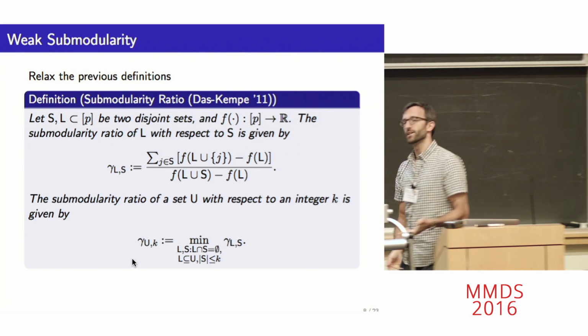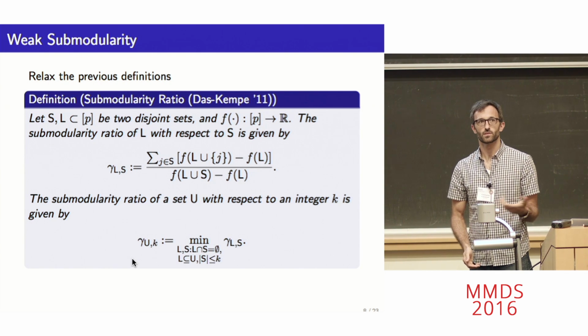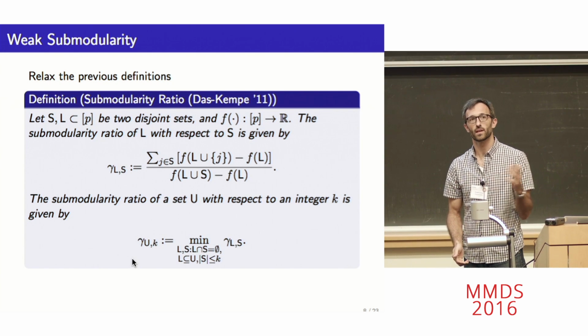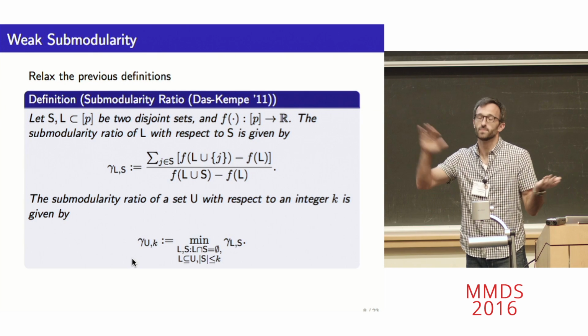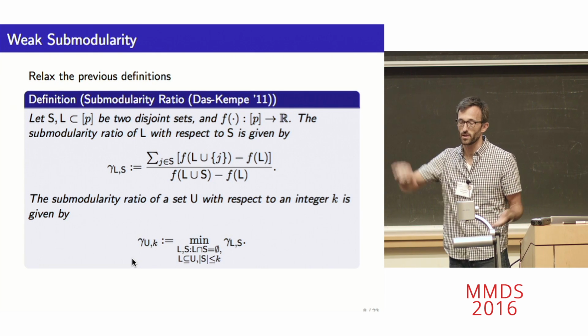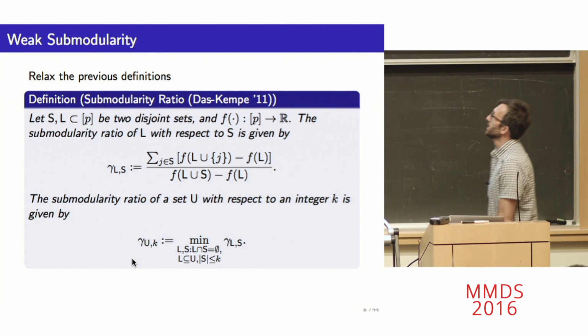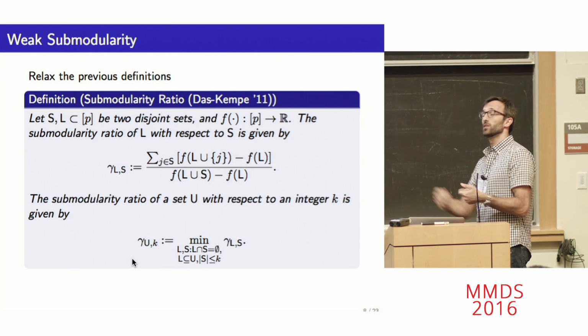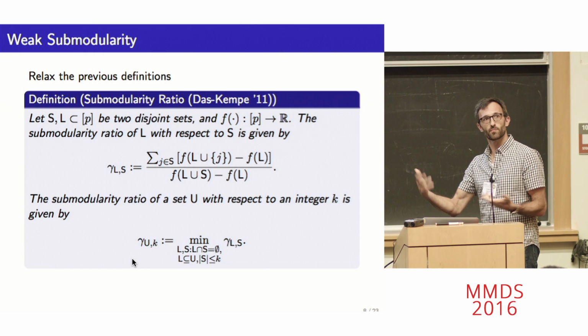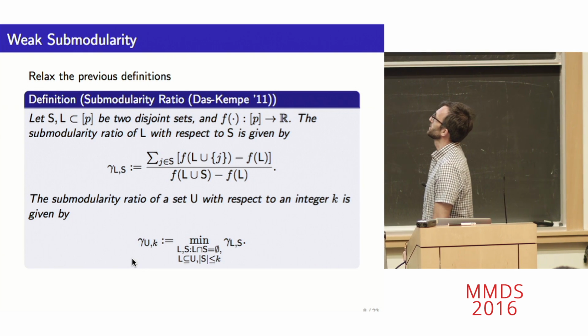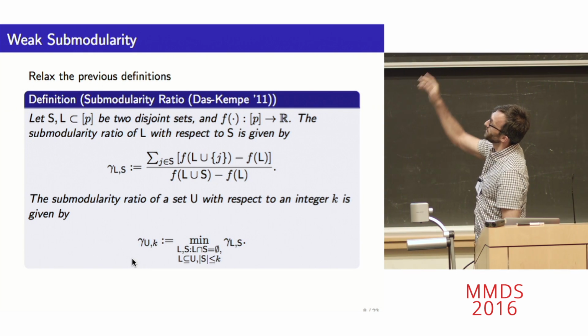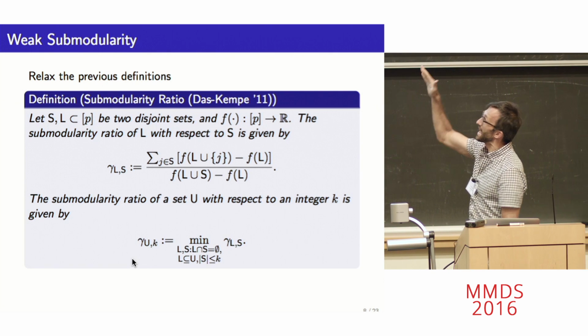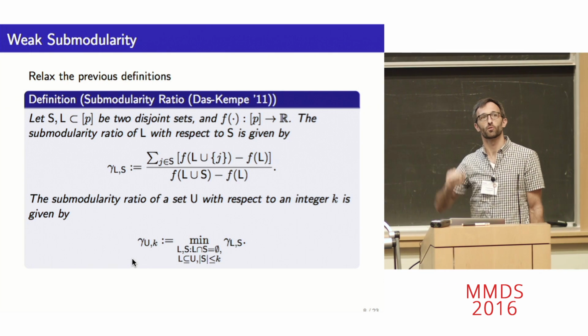In this case, it's just additive. So this is actually totally linear. We don't have diminishing returns, because they're not increasing. But if I have $10 and you give me $5 more, or if I have $100 and you give me $5, in either case, I'm $5 richer. So in this case, gamma LS would be exactly equal to 1. That's called the modular function.